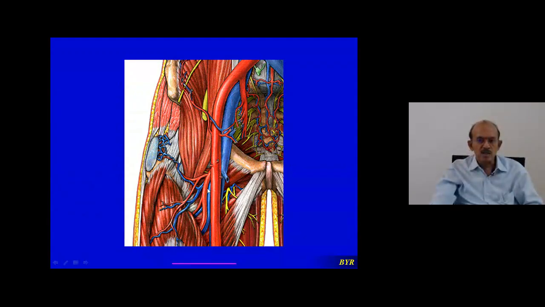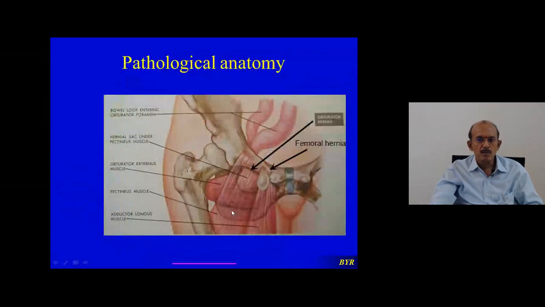So pectineus is part of the floor of the femoral triangle. This is to illustrate that pectineus muscle lies between femoral hernia and obturator hernia. So femoral hernia lies in front of the pectineus muscle. Obturator hernia lies behind the pectineus muscle.